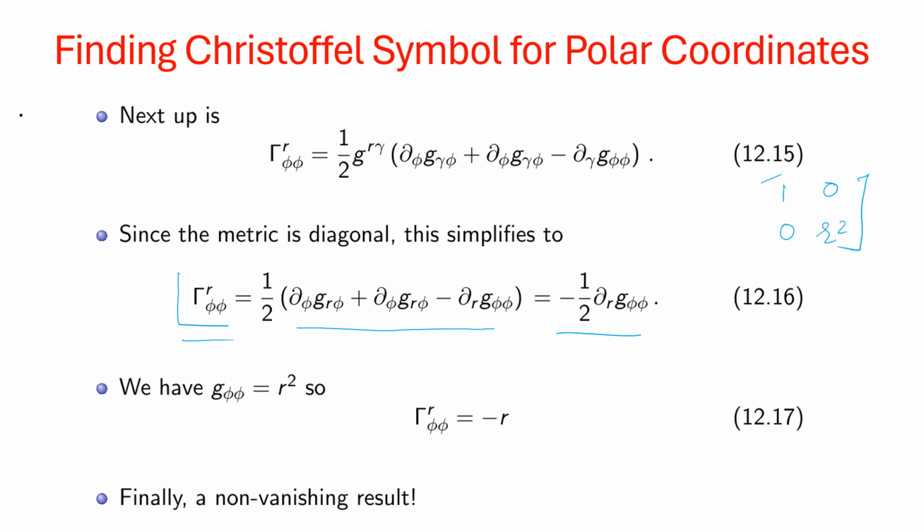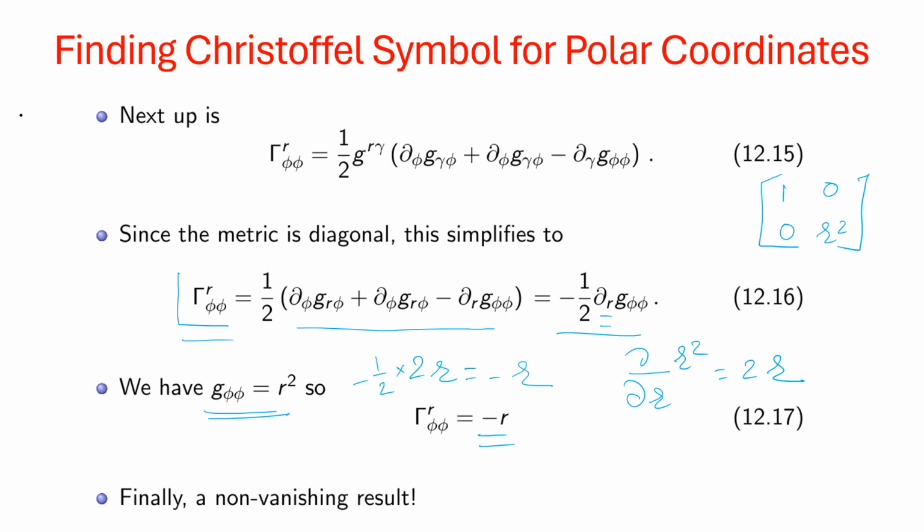So g phi phi is r square, and then you partially differentiate that with respect to r. This will be twice r multiplied by minus 1 by 2, which leads to minus r.